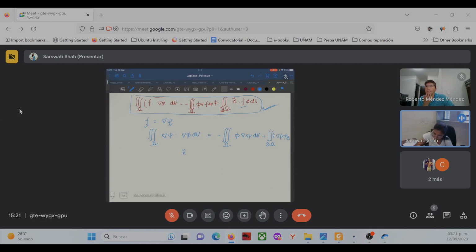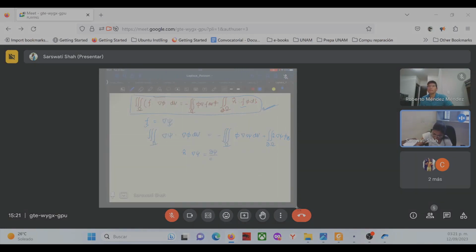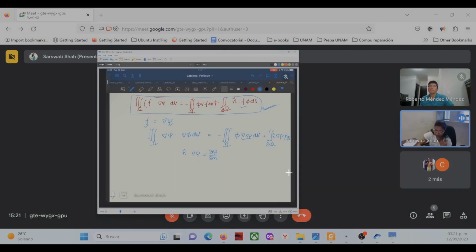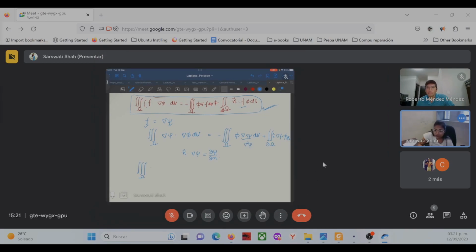Now n dot gradient of psi, if you calculate it in the unit outward normal direction, is going to be del psi over del n. So you will be getting the identity, integration over omega of gradient of phi dot gradient of psi.